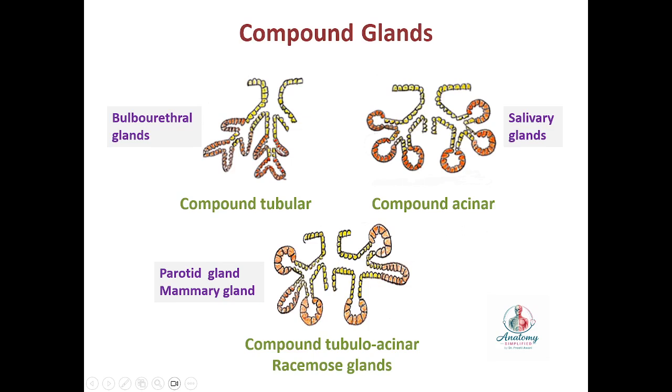The third variety is compound tubuloacinar, which means the ducts are branching, and the acini and tubular secretory parts are also branching. So there are two types of secretory parts together here. Some will be acinar, some will be tubular. This variety of gland is also called racemose gland. It is seen in parotid gland and mammary gland.